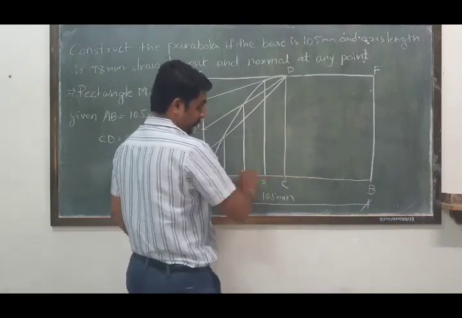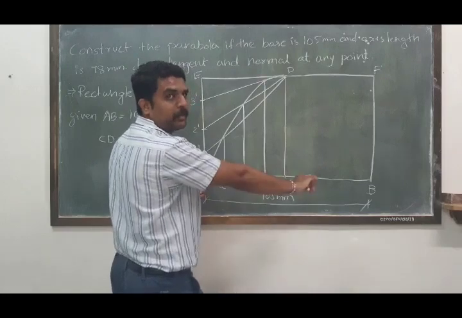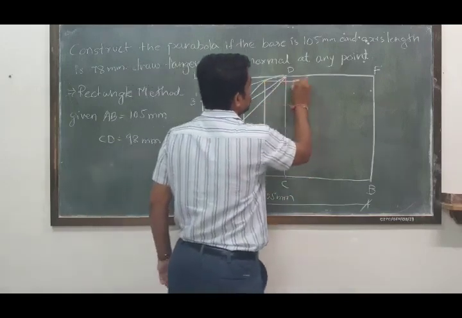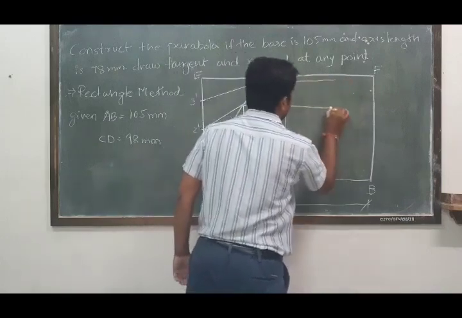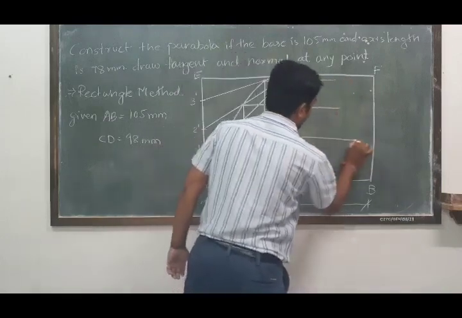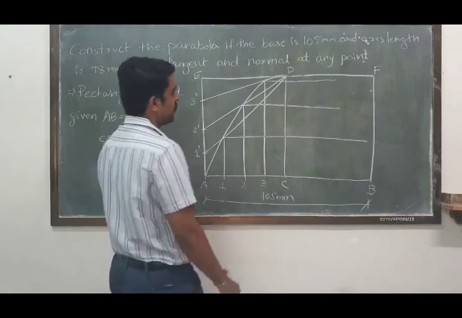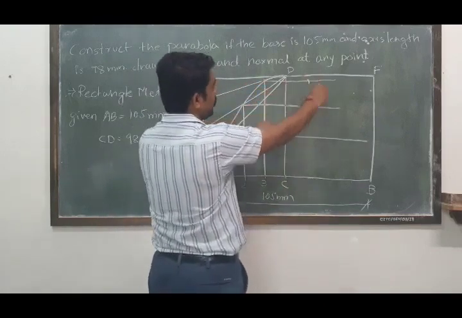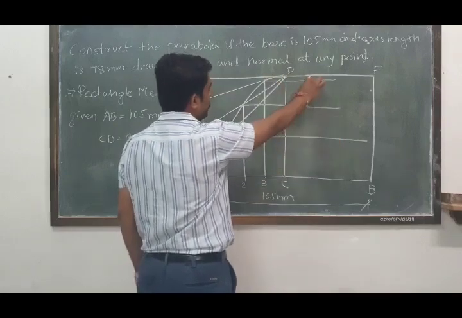Draw horizontal lines parallel to AB through these 3 points. Take this much distance and mark it over here for the same point.